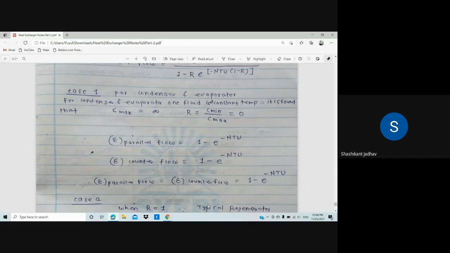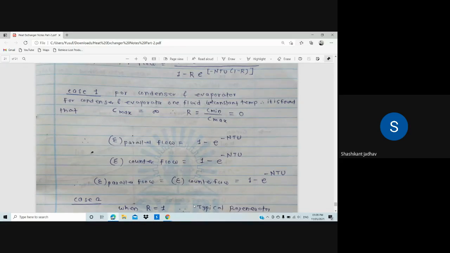For the condenser and evaporator, one fluid is having constant temperature throughout the heat exchange process, and because of that the maximum heat capacity for that particular fluid is infinity.